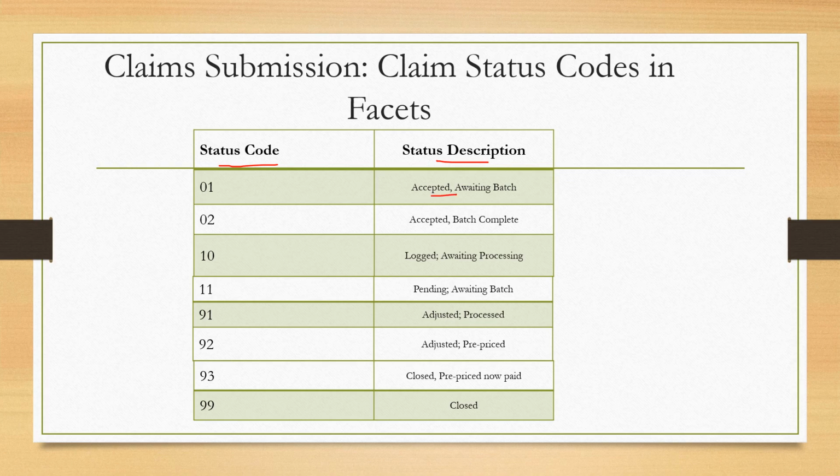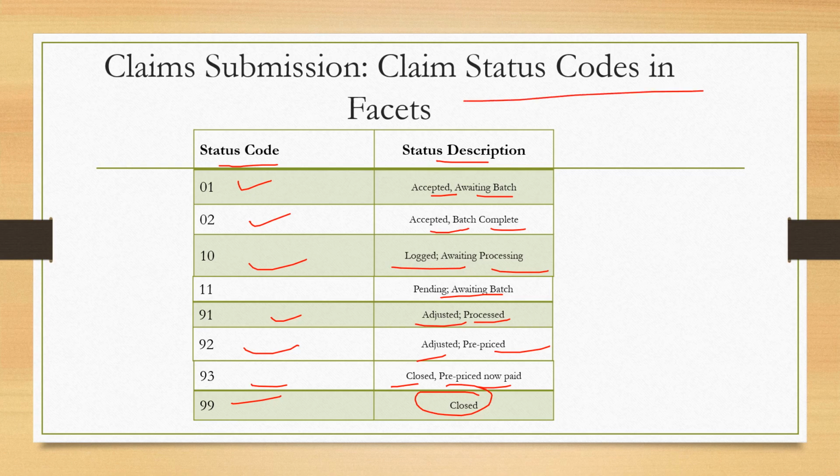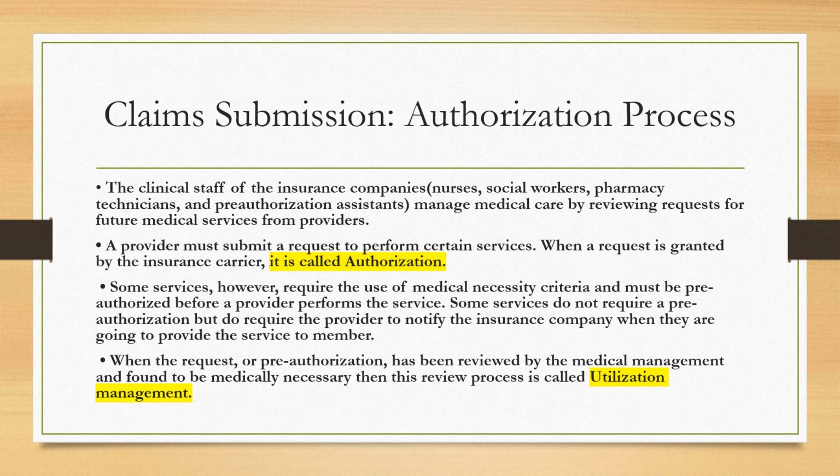If it's accepted, awaiting batch, the code is 01. 02 is for accepted batch, which is complete. 10 is logged awaiting process. 11 is for pending awaiting batch. 91 is adjusted processed. 92 adjusted pre-priced. 93 closed pre-price now paid. 99 is closed. So this is how the Facets claim status codes look. You need to know that.